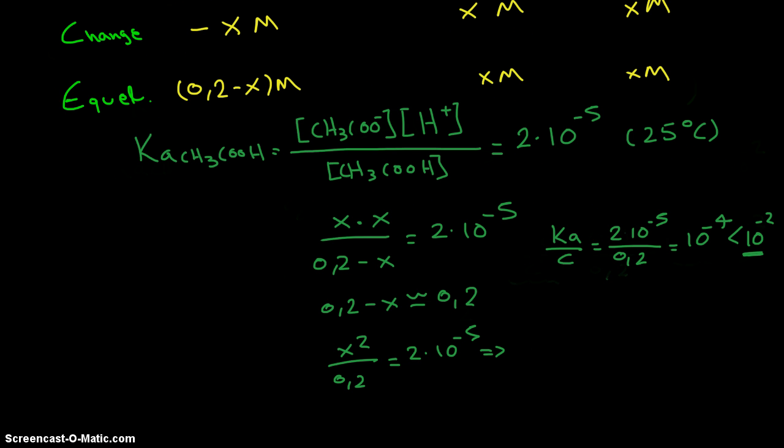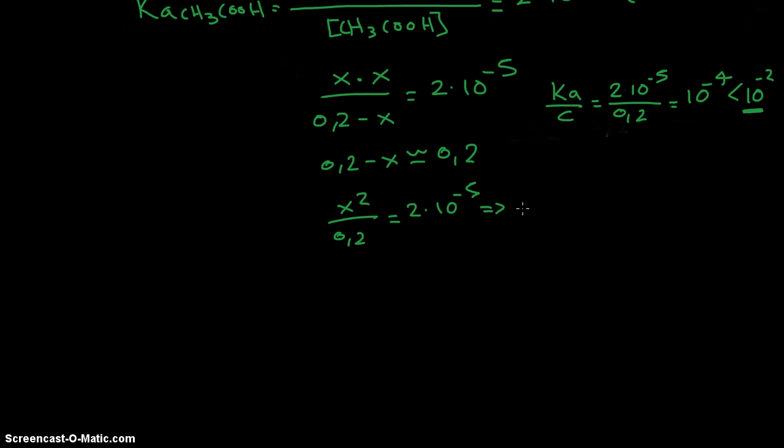So let's move it downwards. X squared will be 2 times 10 to the minus 6. So X will be, if we use the square root, 2 times 10 to the minus 3.